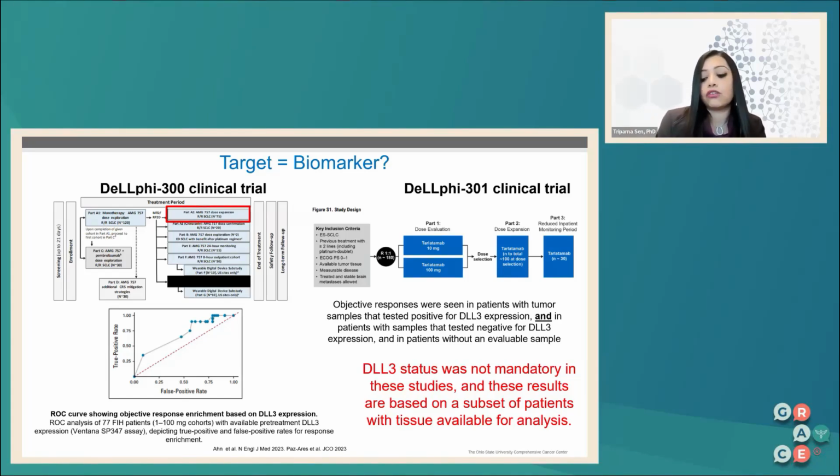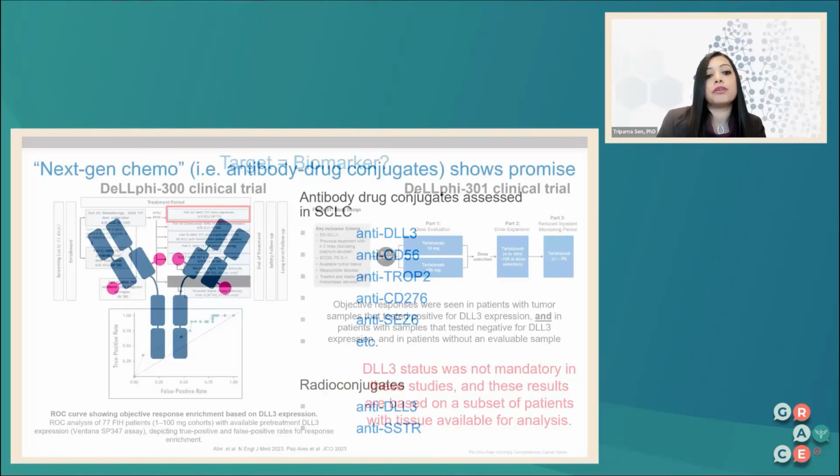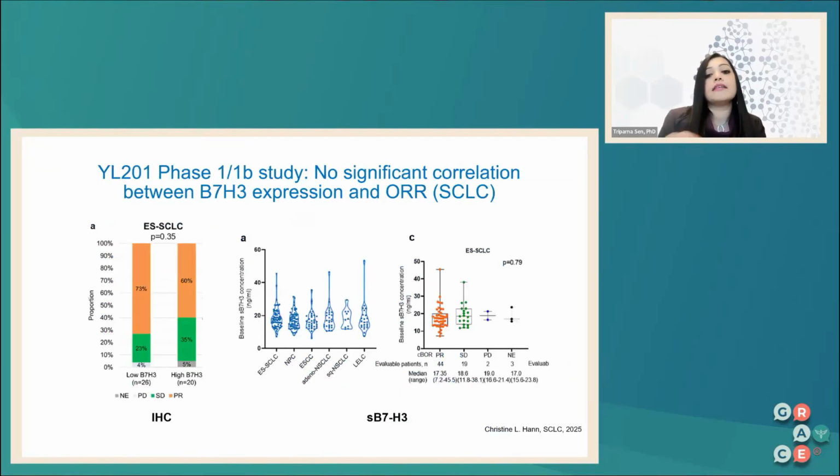So I think we need larger data sets where we can see whether DLL3 could be a biomarker for these DLL3 targeted T-cell engagers. I talked about antibody-drug conjugates, and this is just one of the data that I'm showing, where in these B7H3 targeted ADCs, we did not see a significant correlation between B7H3 expression and the patients who actually derived benefit from this B7H3 targeted agent.